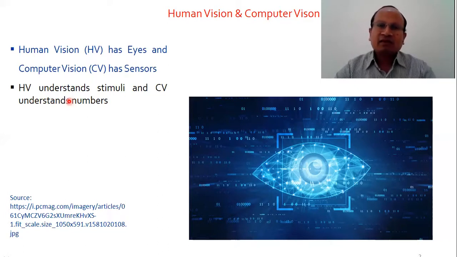Human vision understands stimuli, physical excitation, some significant changes in the outside world. Similarly, computer vision understands numbers. So whatever it interprets, whatever operation it performs, almost all operations, processing, and components will be based on some manipulation of numbers.